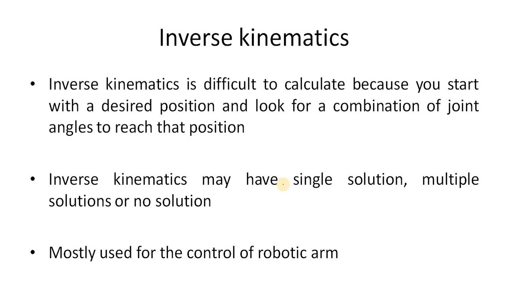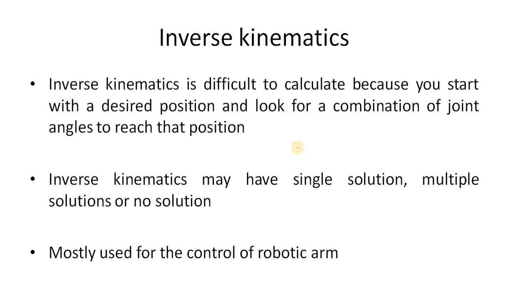That's what we mention in the next slide. Inverse kinematics is difficult to calculate because you start with a desired position and look for a combination of joint angles to reach that position. Inverse kinematics may have a single solution, multiple solutions, or no solution.